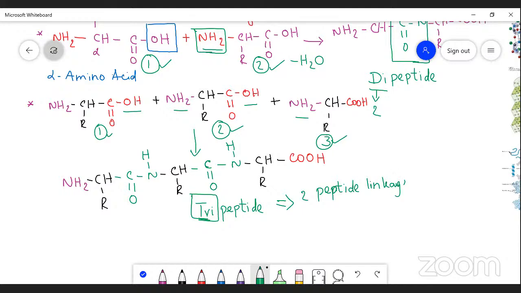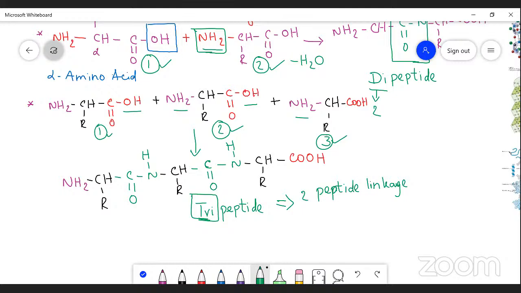They may ask whether a tripeptide contains 2 peptide linkages, or 3, or 4. Most students misunderstand this, thinking tri means 3, so it contains 3 peptide linkages. But the tri represents the number of amino acids combined together.